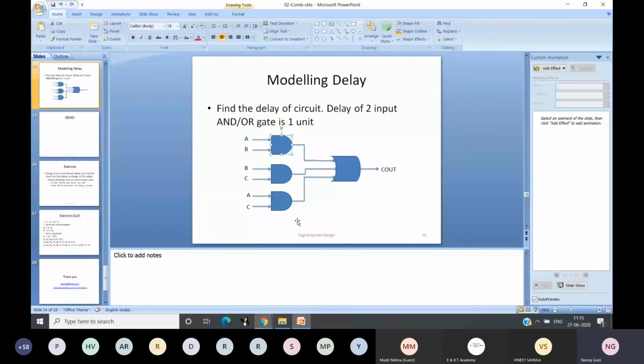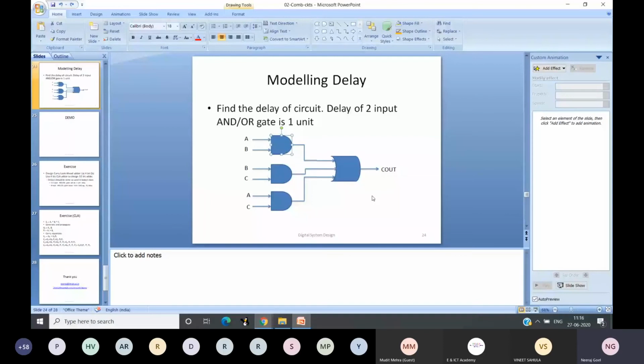Now, this particular gate, because it's a 3 input OR gate, has to be broken into 2 input OR gates. So total delay would be 1 unit for this and 2 units for this. The maximum delay would be 3 units.